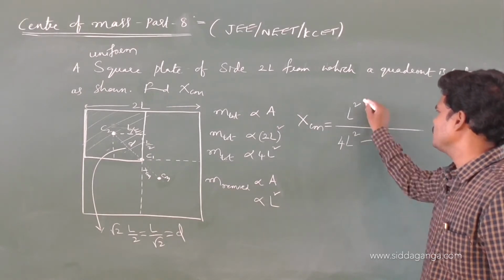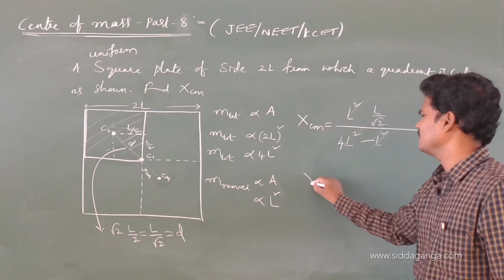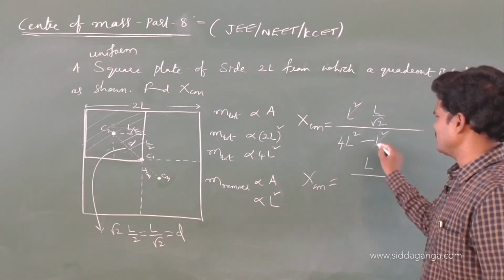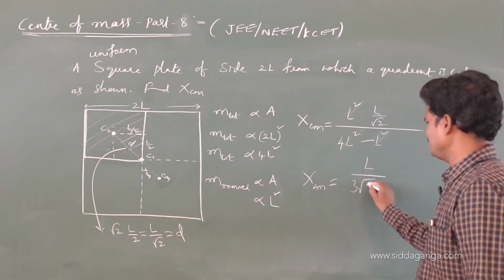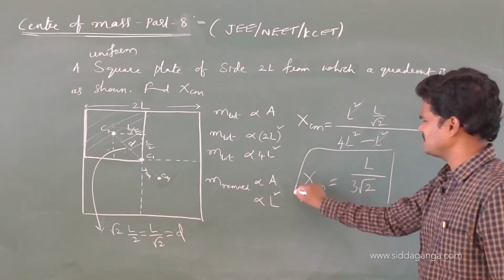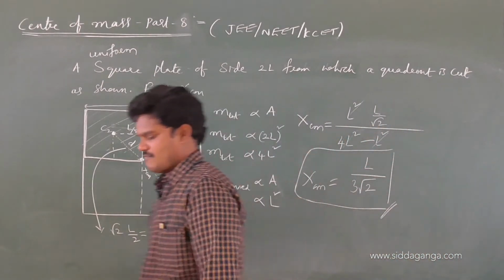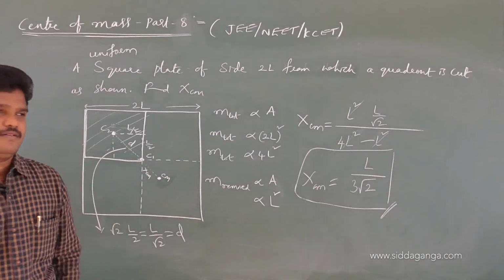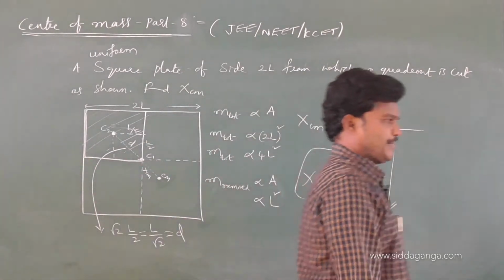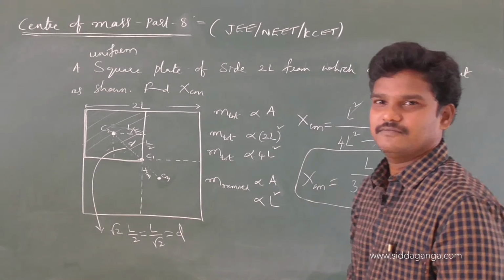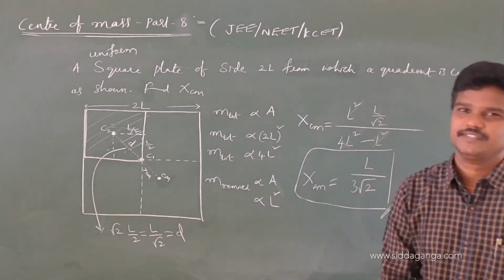So L square cancels, L by 4 minus 1, 3 root 2. This is the shift in center of mass. Don't feel it is tough, it is very easy.